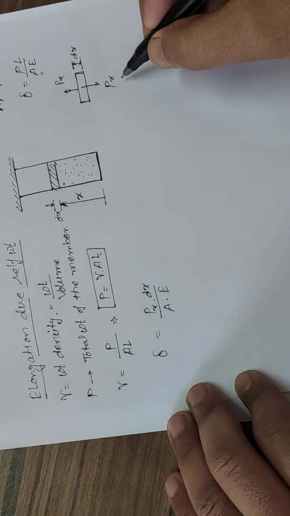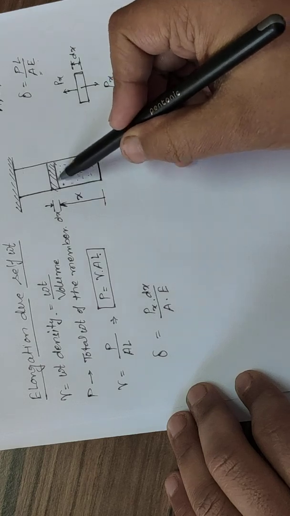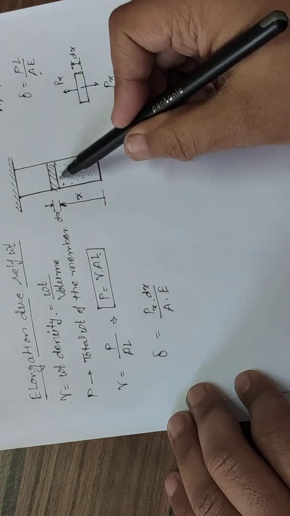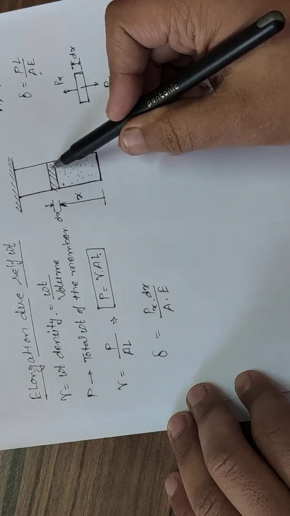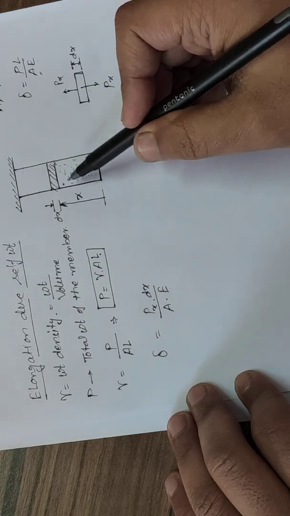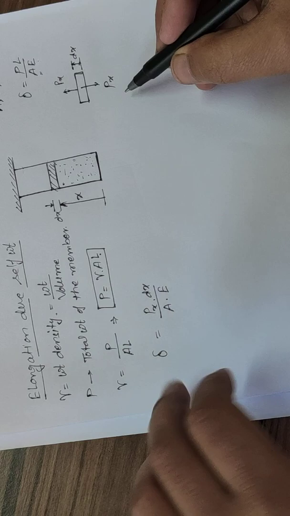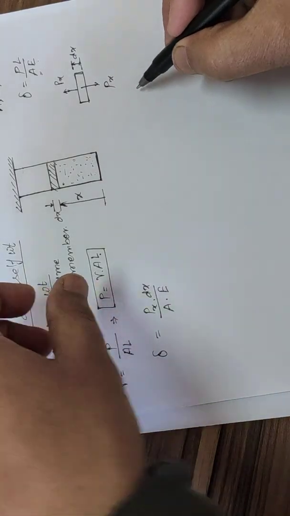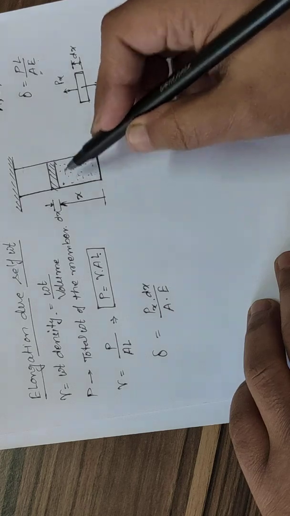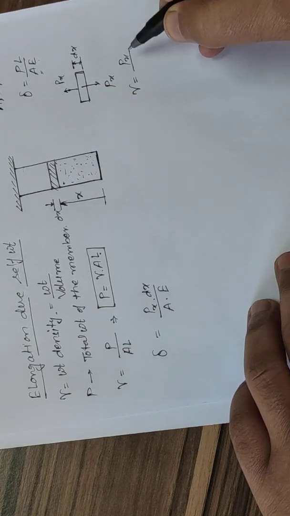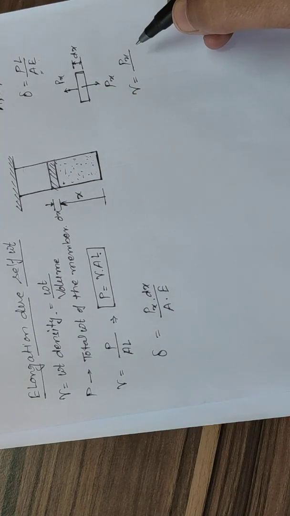Now this Px will be equal to the weight of the member present below this strip. Weight density is equal to weight, which is Px, divided by volume, that is weight per unit volume.